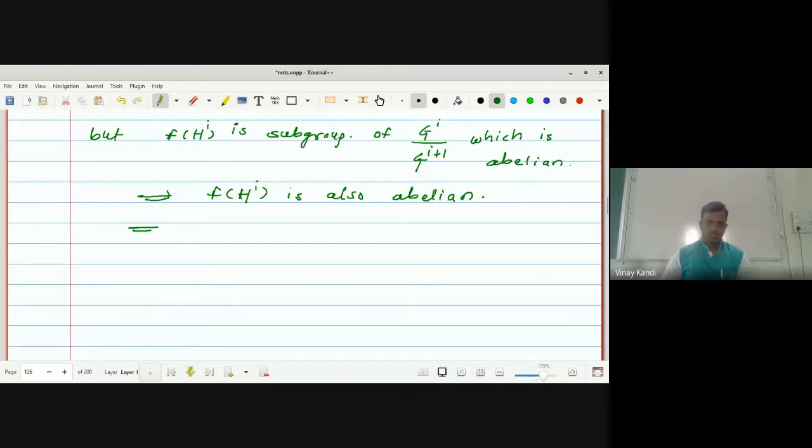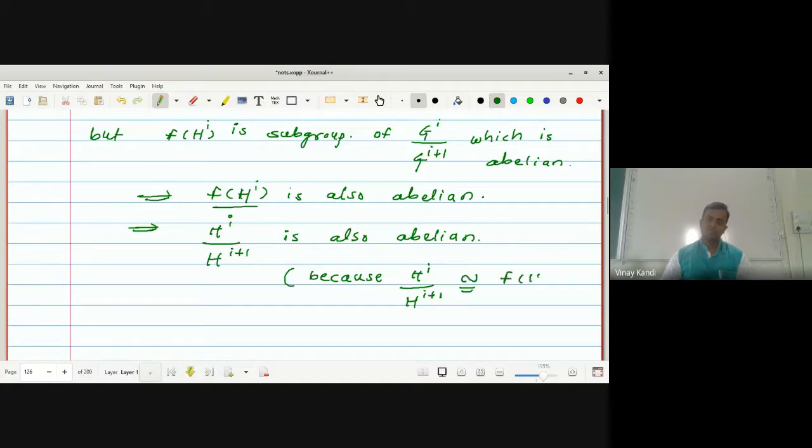This one is isomorphic to h raised to i upon h raised to i plus 1, which is also abelian. The reason is that h raised to i upon h raised to i plus 1 is isomorphic to f of h raised to i.